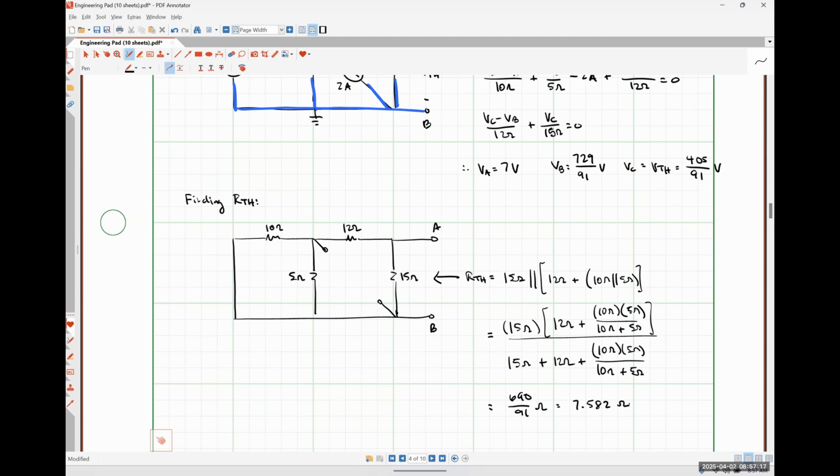Any questions, comments, or concerns about how we found this Thevenin equivalent resistance?